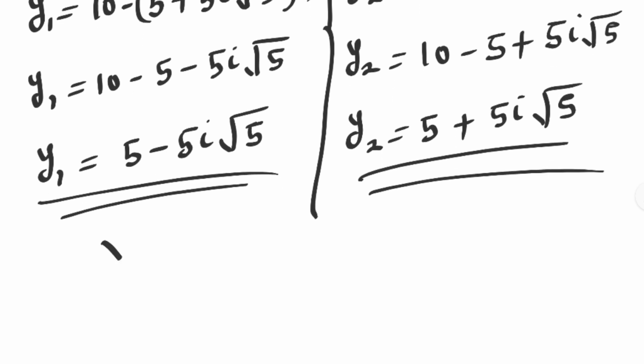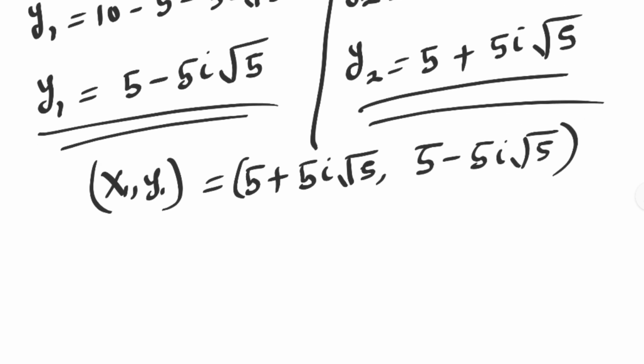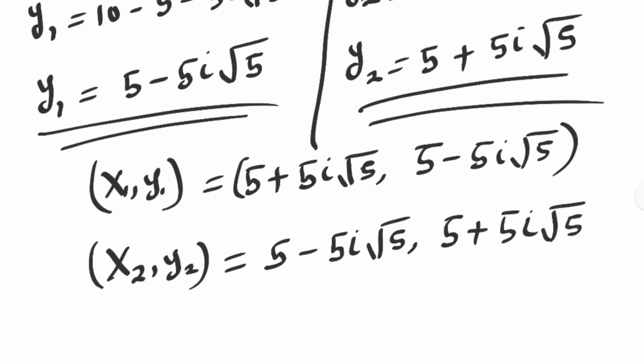Therefore, our final answers are x1, y1 is equal to 5 plus 5i root 5, 5 minus 5i root 5. x2, y2 is equal to 5 minus 5i root 5, 5 plus 5i root 5.